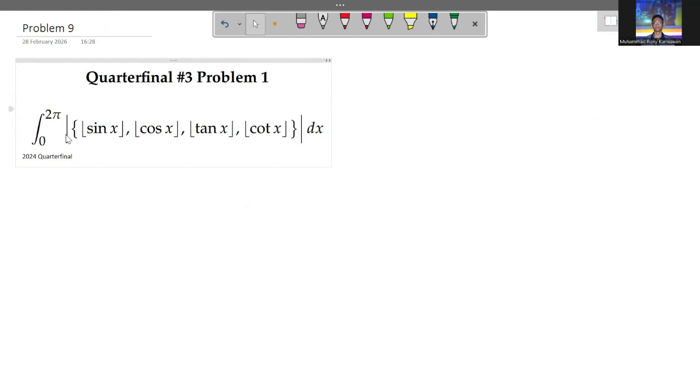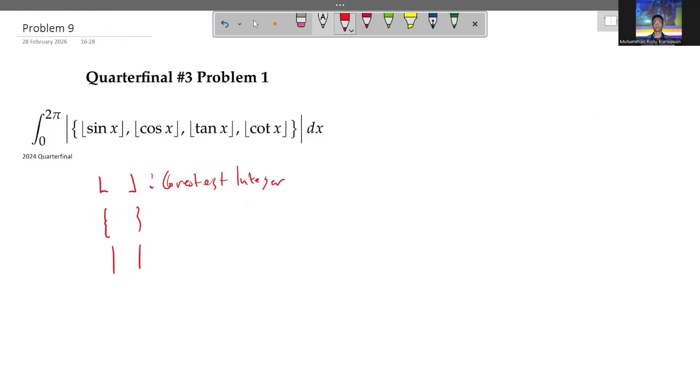You have 3 types of brackets. The first type, which you can see surrounding the sine, cosine, tangent, cotangent functions, is the greatest integer function, or floor function.